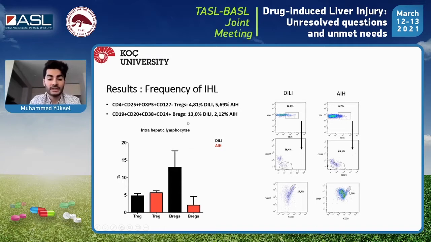Then we also investigated Bregs, expressing again the B cell markers, but then expressing high levels of CD36 and CD24. And we found that there was a clear trend, again not significant, of more Bregs in DILI patients compared to AIH. And again, this is all liver data.